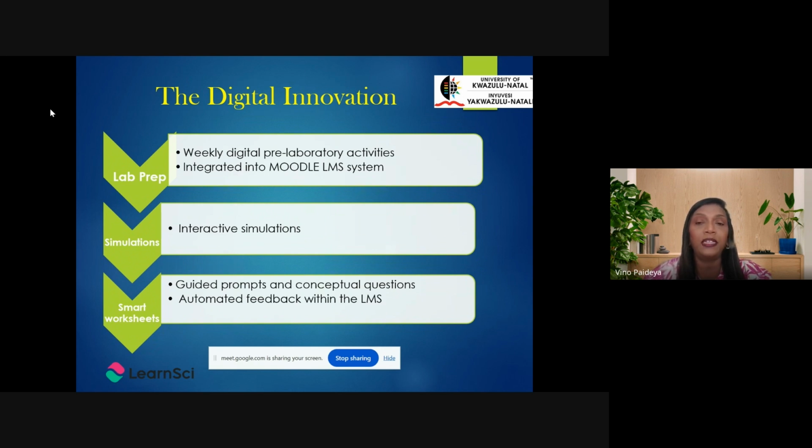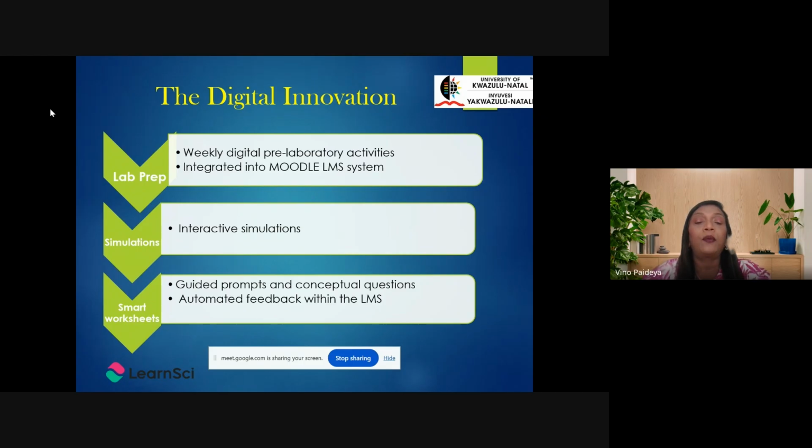So we had weekly meetings, and we looked at what UKZN had to offer in terms of pre-labs, and we worked together to actually create smart worksheets with guided prompts and conceptual questions.